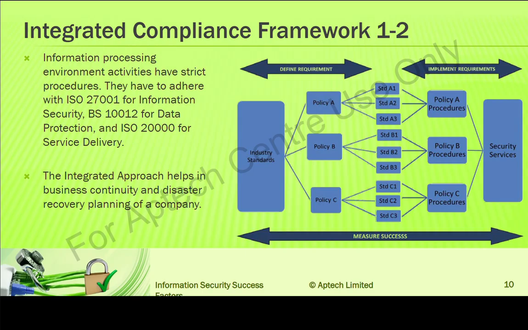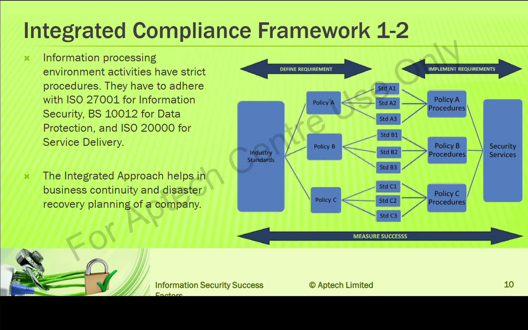For policy B, we also have standards B1, B2, and B3 to create the policy B procedure. Policy B is for the data protection. All the standards have to be combined together to generate a particular policy that will protect the data we have.